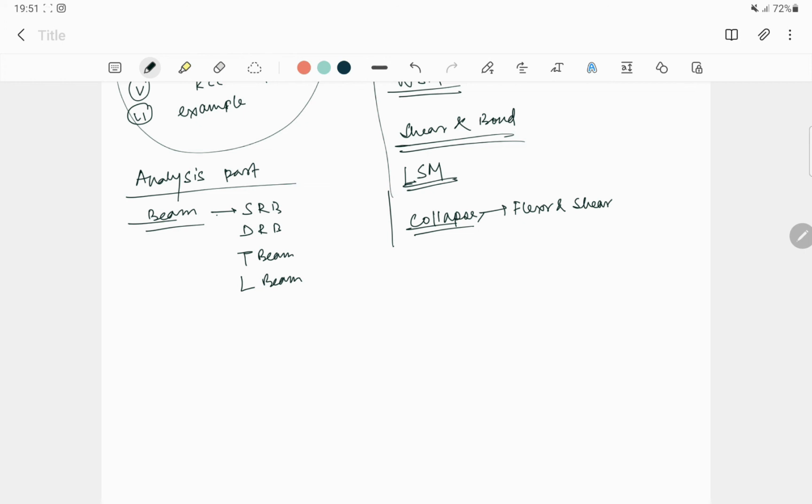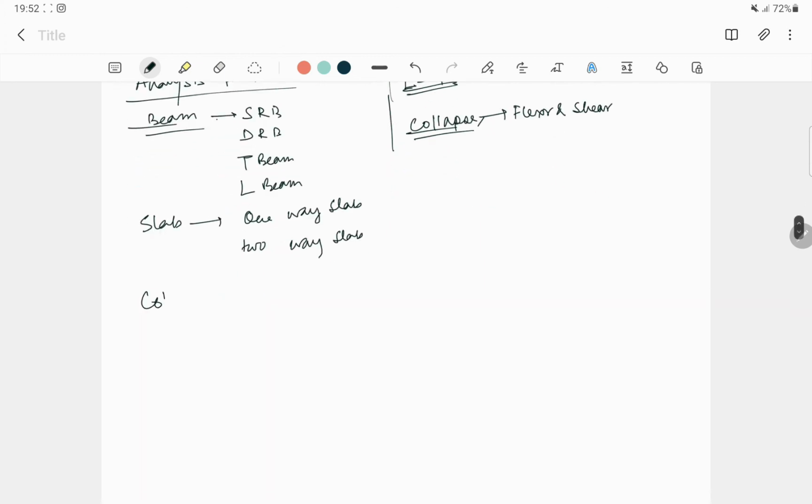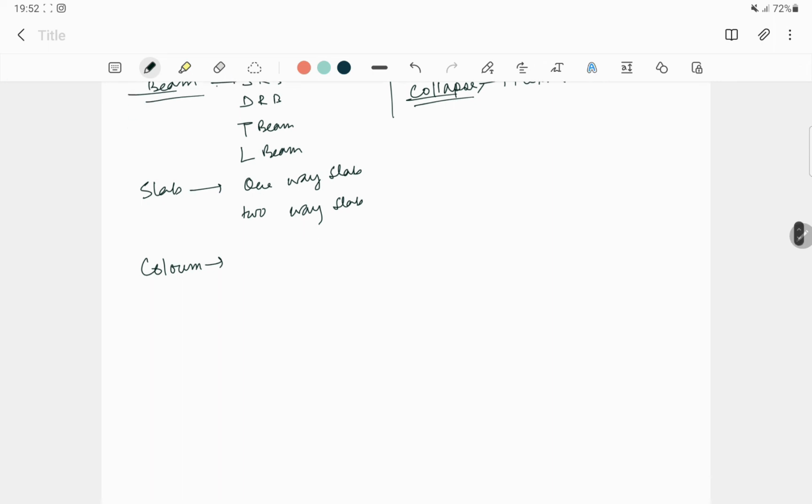Then we talk about slabs: the one-way slab, then the two-way slab. Then we talk about the compression member, the column. Then we do stairs. Then we do footing.